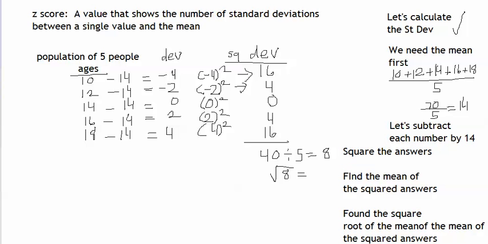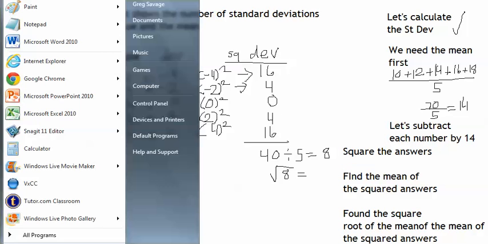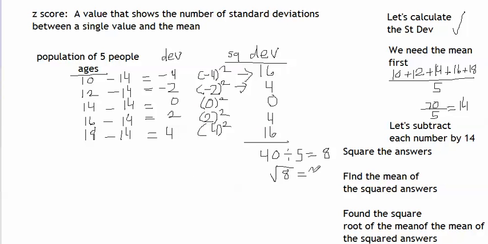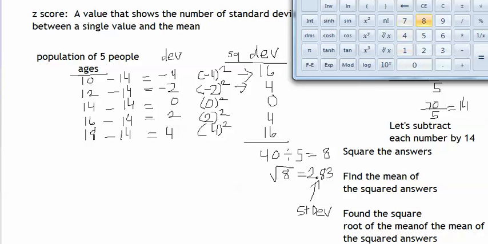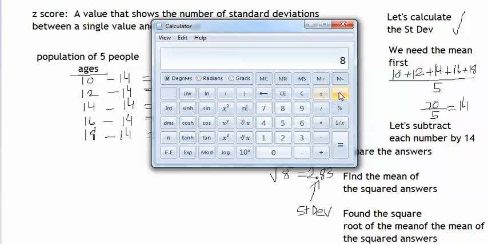And I think this is about 2.83. Great. What we can do now is take this, it's our standard deviation, the square root of 8. I hit the square root key. The square root of 8 is 2.828.